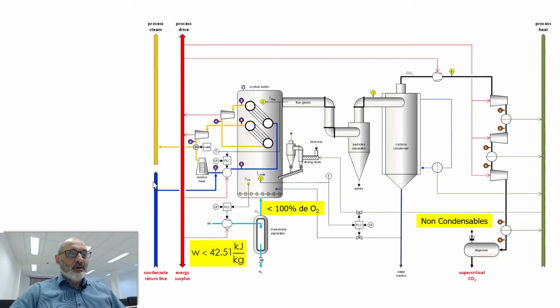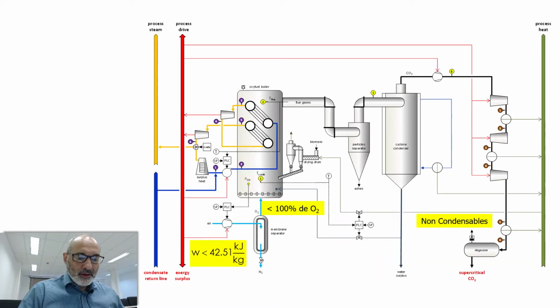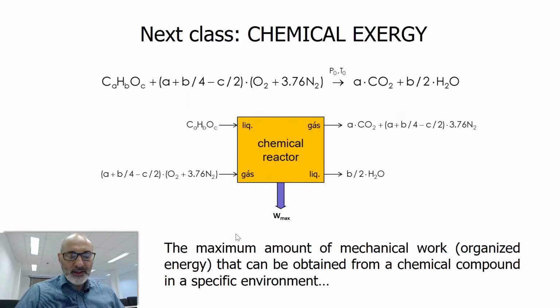So as I was saying, we can allow for less than 100% of oxygen here. But if having 100% is imperative, is it possible to have 100% of oxygen with less than the minimum amount of work?